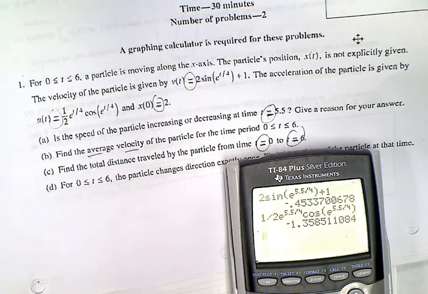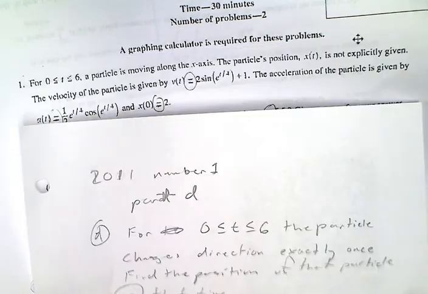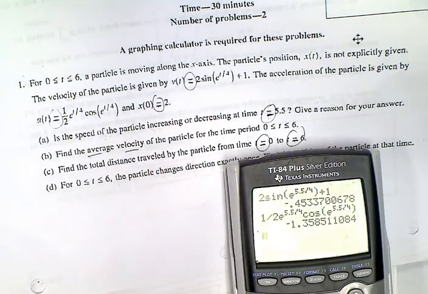Okay? So here's what you would write to justify this. If I could find it. I lost it. Nope, here. Okay. So here's what I would write in this case.